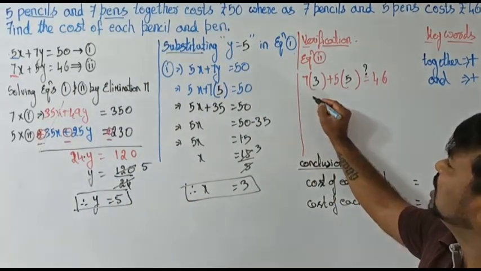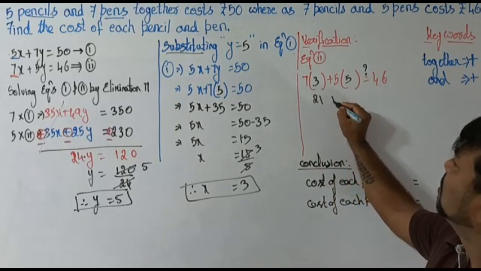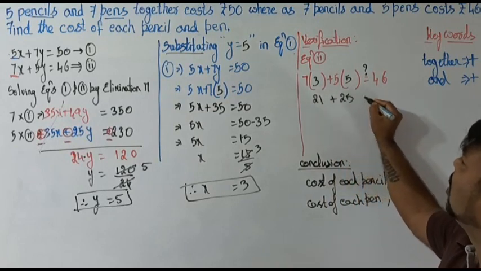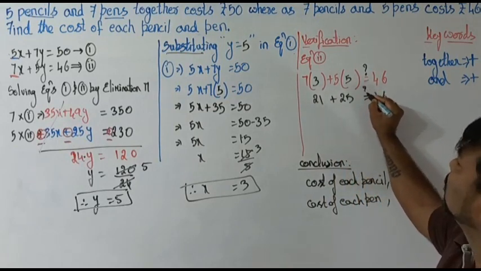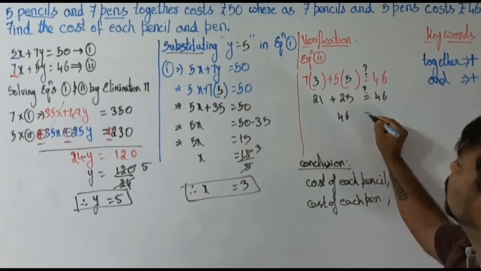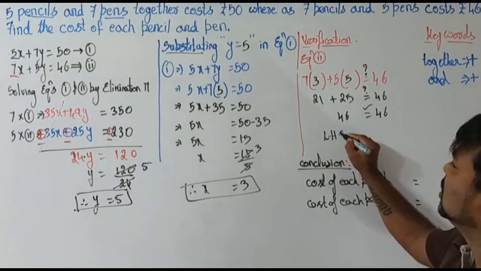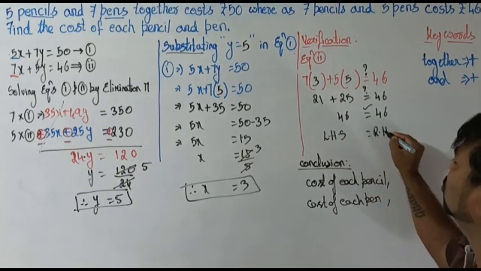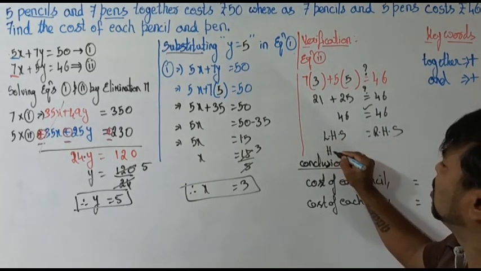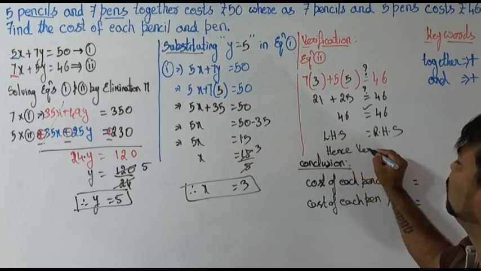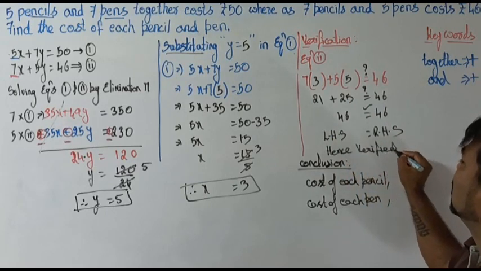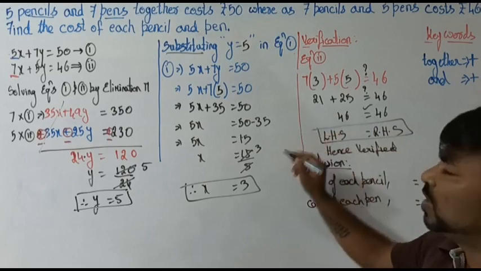So it's 21 plus 25. Here it is, 46 is equal to 46. So LHS equals RHS, hence verified.